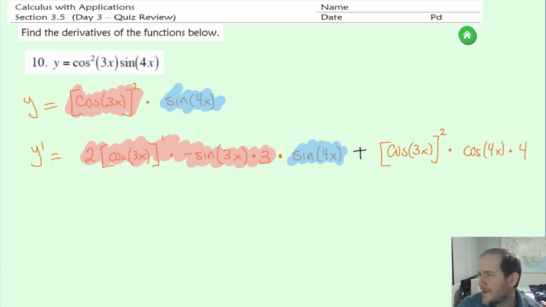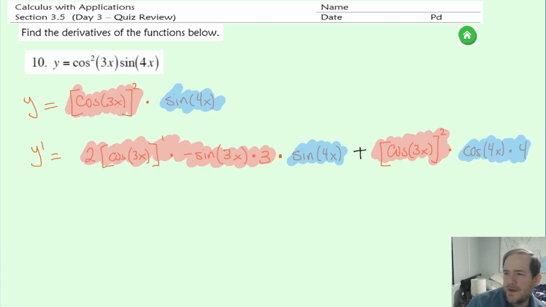So this time we got the pink function, not differentiated, just bring the pink function down, and then here's the blue function, differentiated. And let's see if we can clean this up in any way. I see a 2, I see a negative, I see a 3, so that's telling me my coefficient is negative 6.